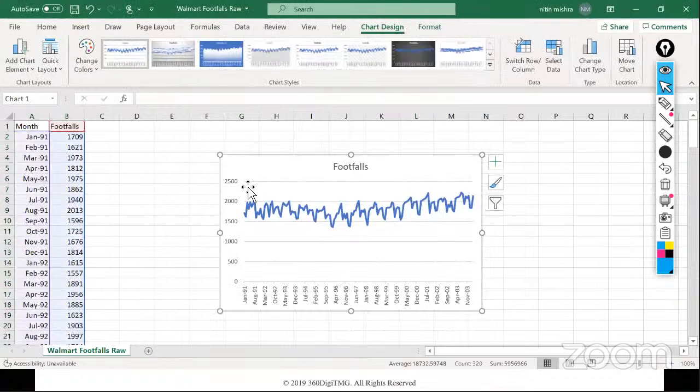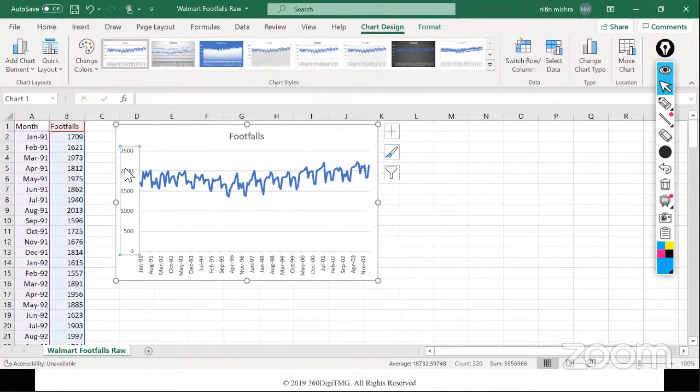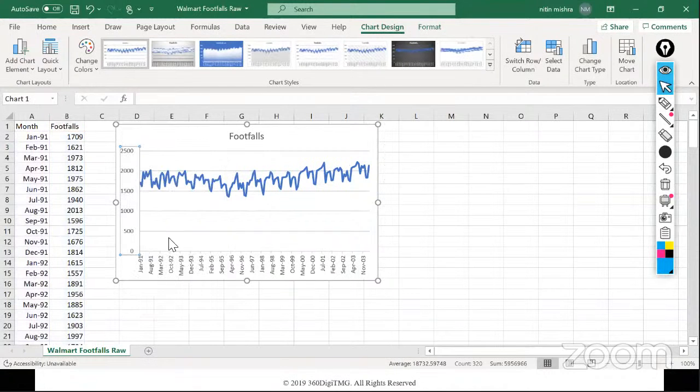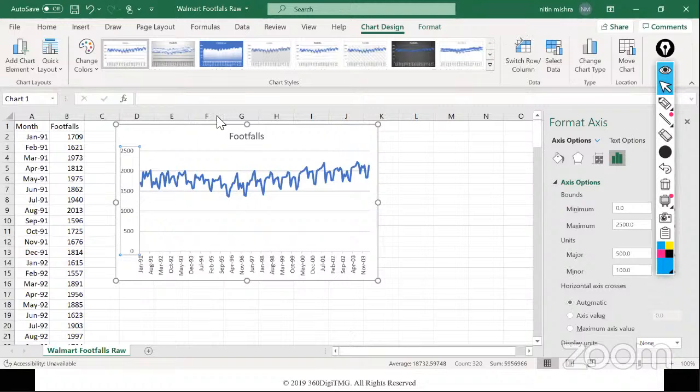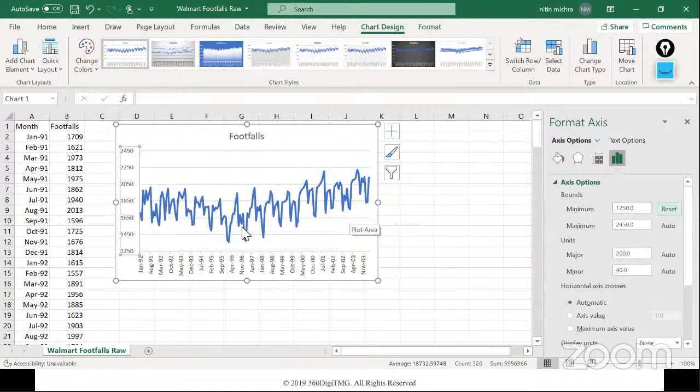And this is the time plot. Now, to give you a good perception, because you should also become a little good in Excel as well, the minimum value is somewhere 1250, and the top value is 2250.